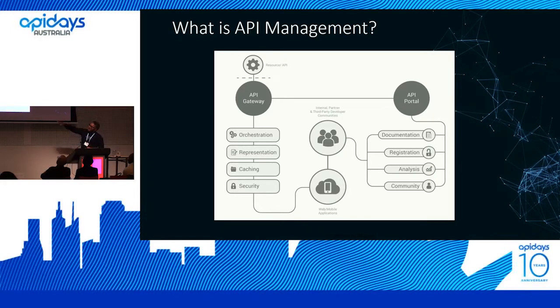It's kind of linking that mobile web application to the service at the top. And an API developer portal. So the developer portal is more towards people, not services. What does that mean? While the API gateway has features like representation, caching, and security, it's protecting your APIs and services. The developer portal is making your APIs available, discoverable, securely to your developers.